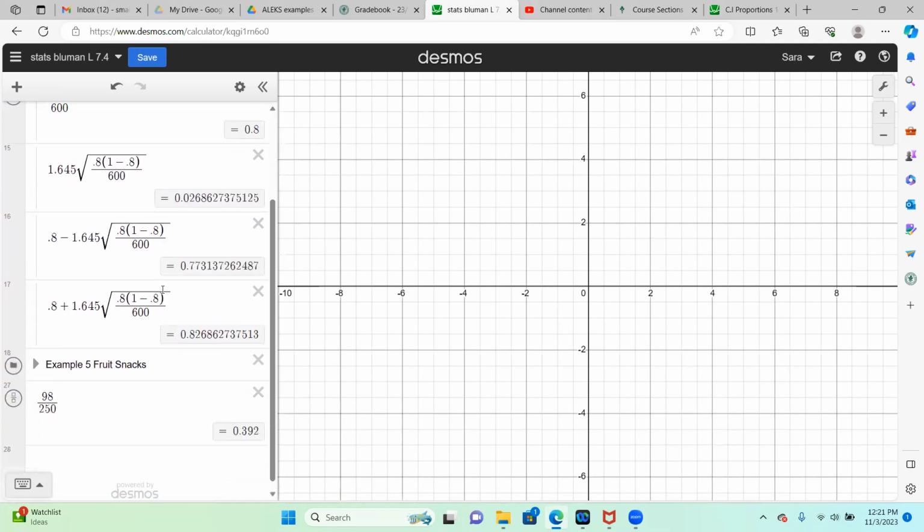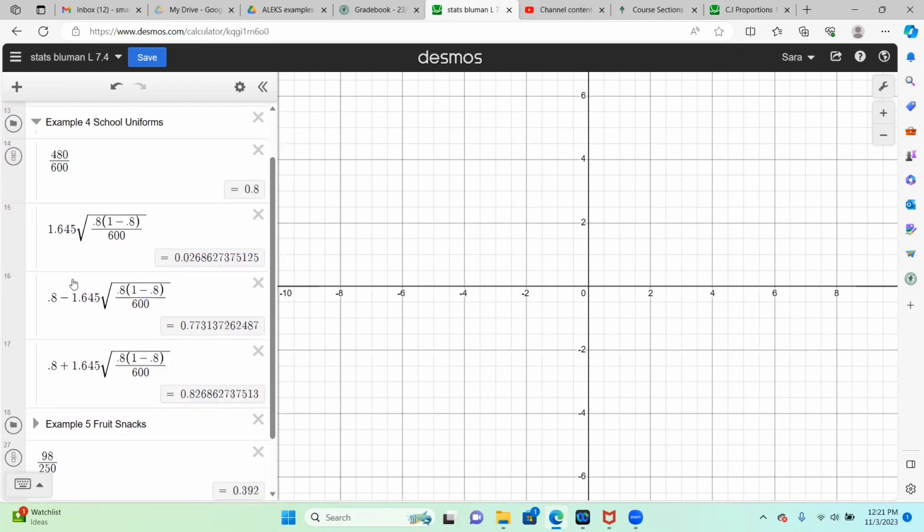So our P hat is 0.8. And we know from before that our critical Z is 1.645 from the last problem.